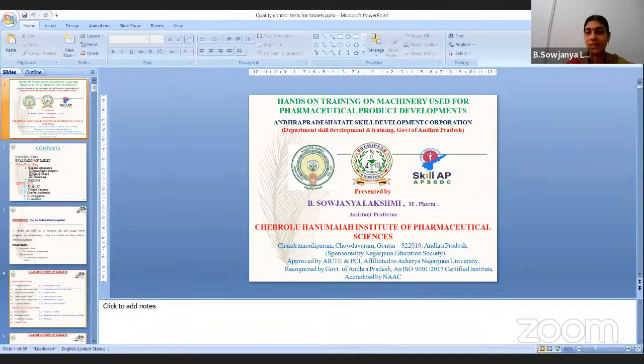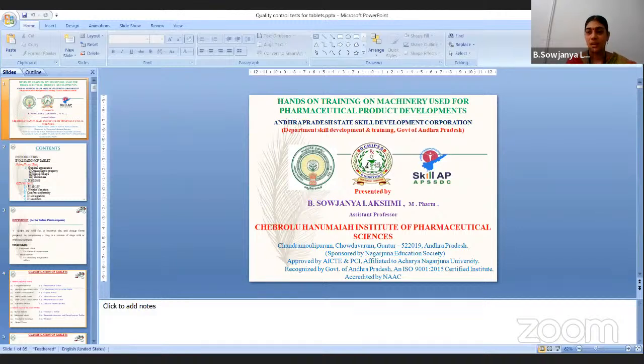Single drum and double drum types are available, so based on need, different types of Roche friabilator apparatus are available. This is a double drum apparatus, and this is one of the hardness testers, manufactured by Lab India, the Lab India tablet hardness tester.